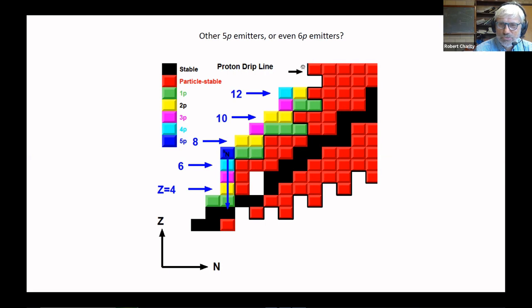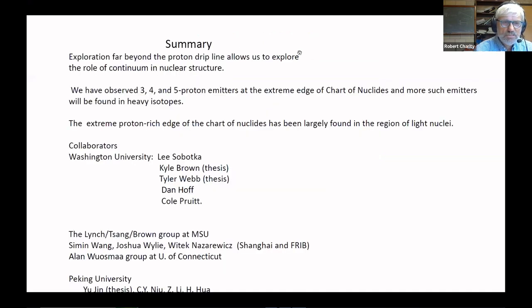Probably the best case would be here. It's a little closer to the drip line. And if you want a 6 proton emitter, maybe here, this would be silicon 20. It's only 2 neutrons away. Maybe if we had some idea of the masses of this, it might help us get a better idea. Possibly there are better candidates at heavier systems. I haven't looked. So I'll summarize here.